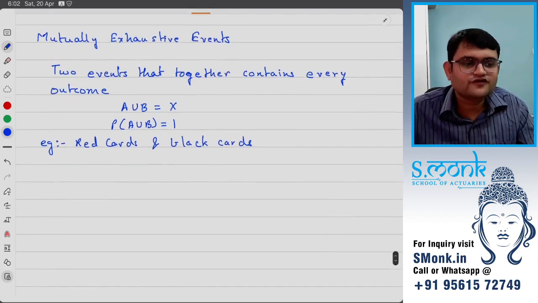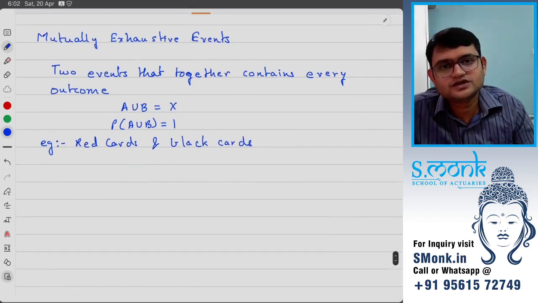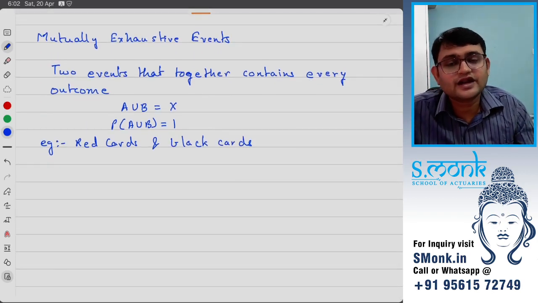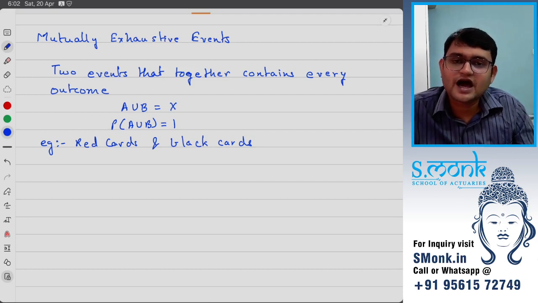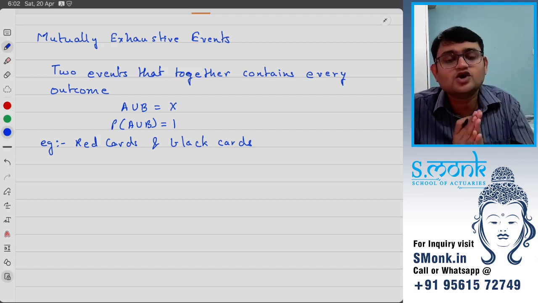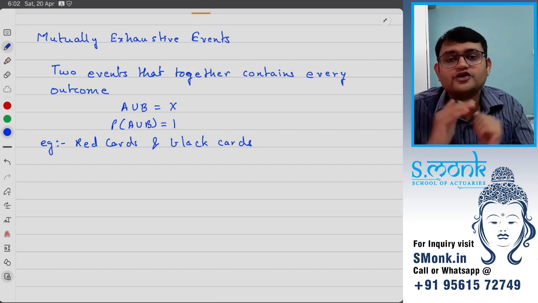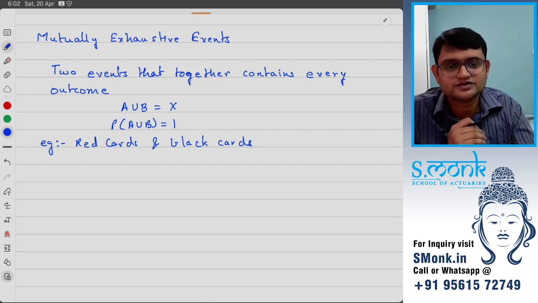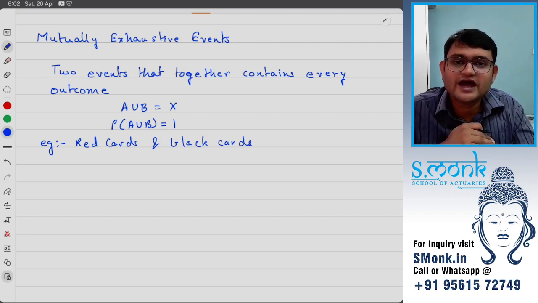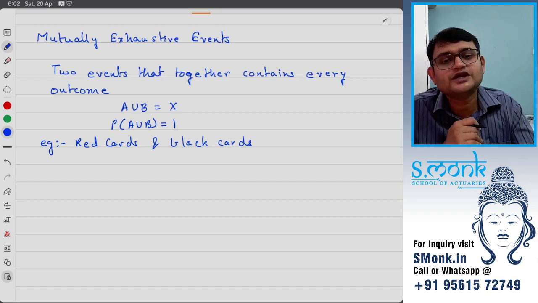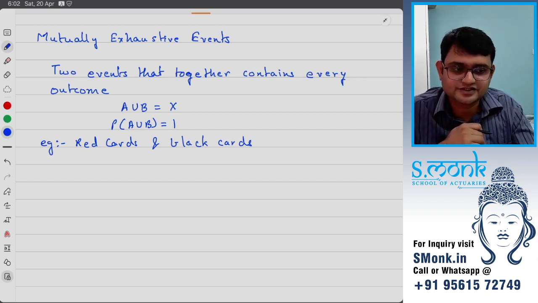So in a deck of 52 cards, 26 are red and 26 are black. There is nothing in common, and together they will make up the whole 52 cards. So they are mutually exclusive as well as mutually exhaustive events.